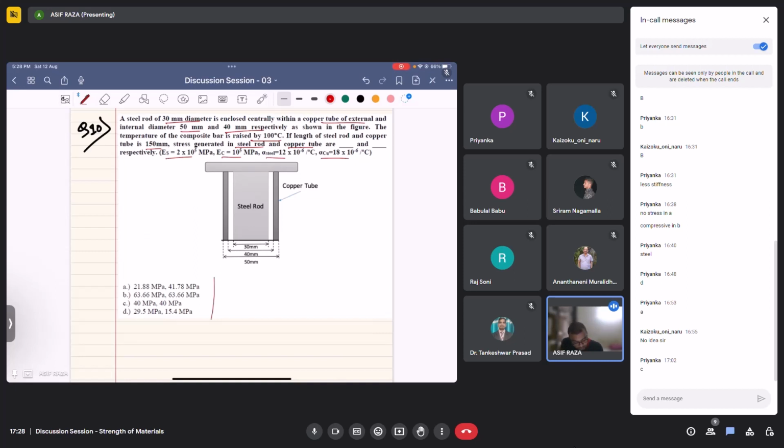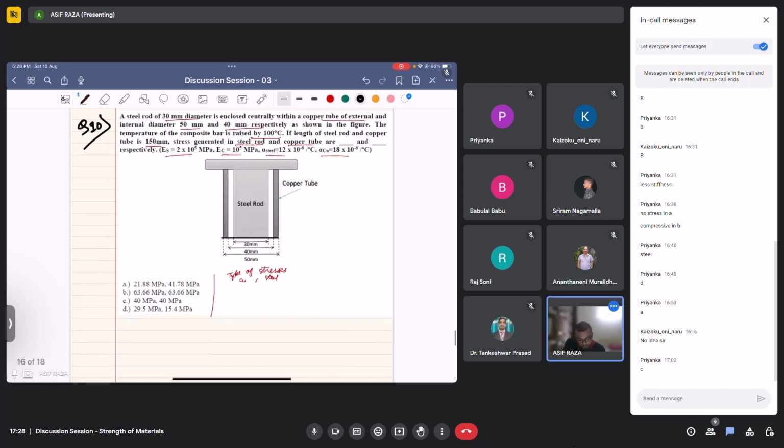Let me know the type of stress also in each, copper and steel. So let's do it.